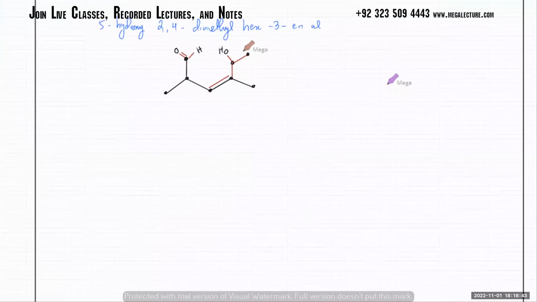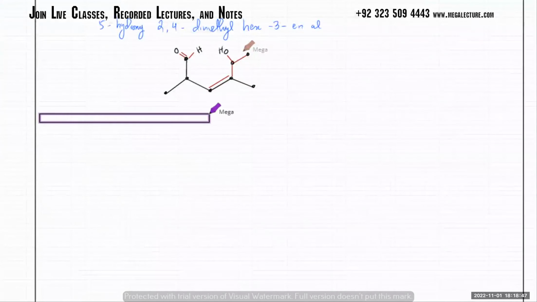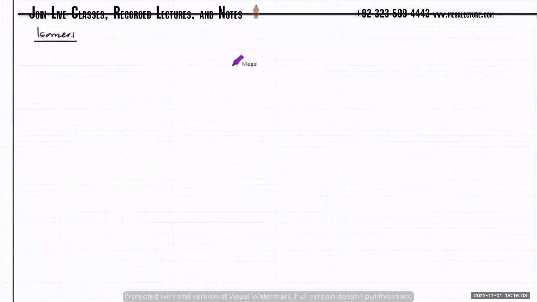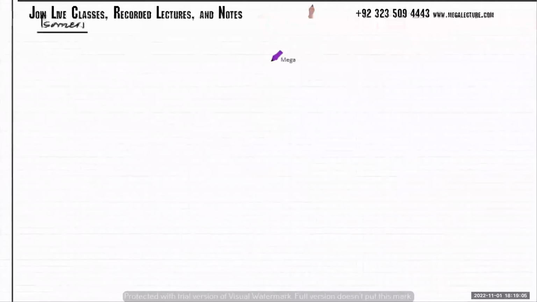So starting with, क्या isomers होते हैं? Starting with the first type of isomers. You had structural isomers. That was the first type.